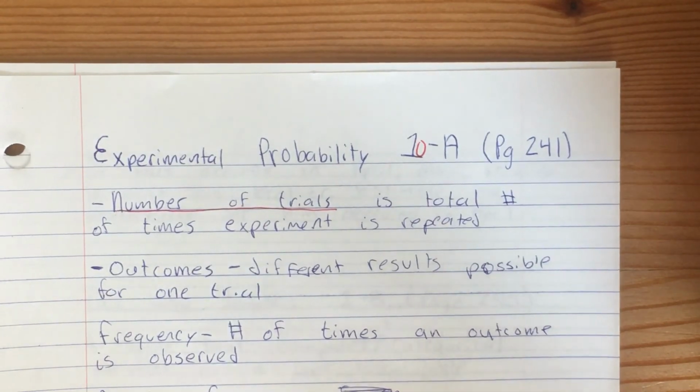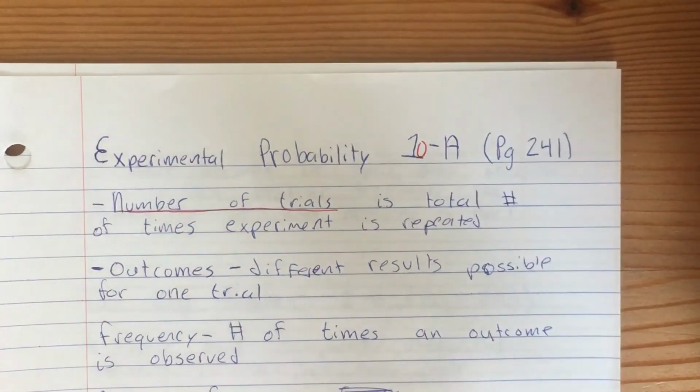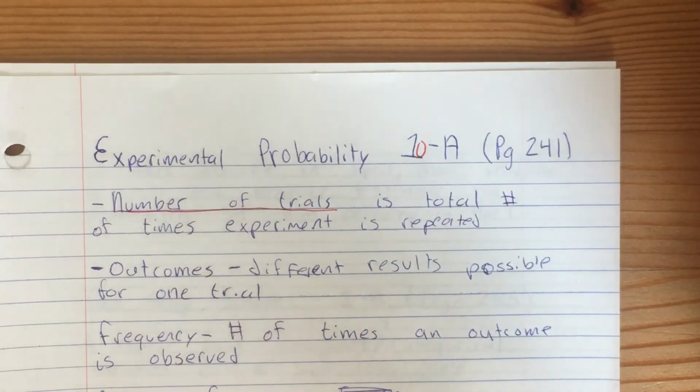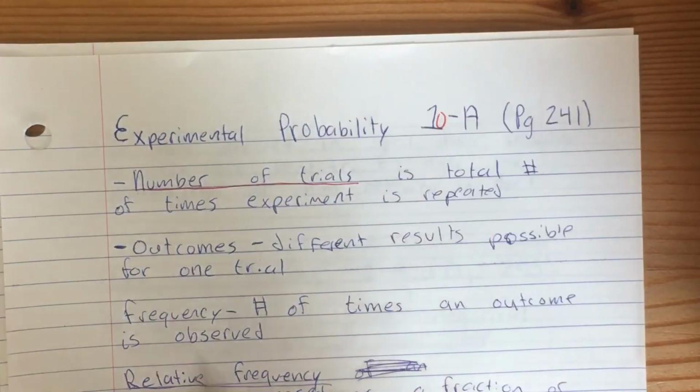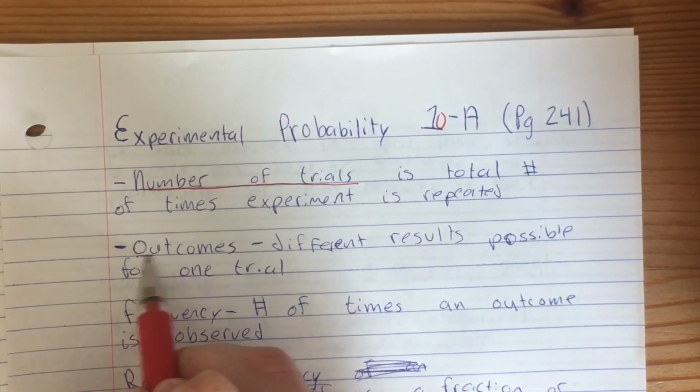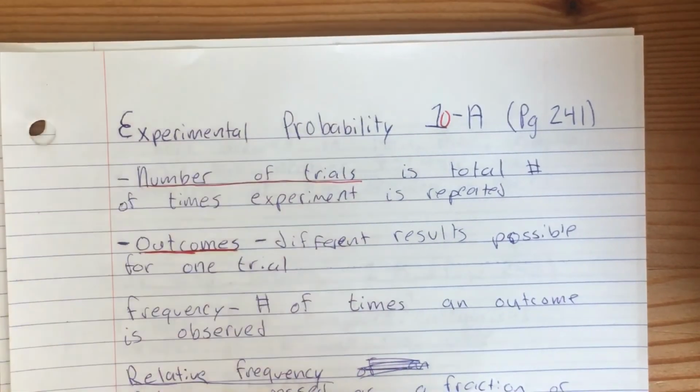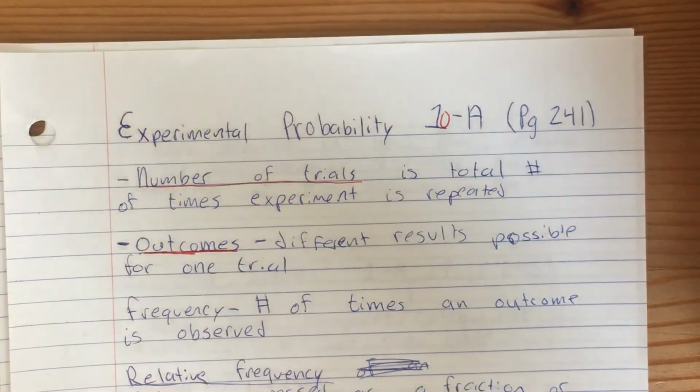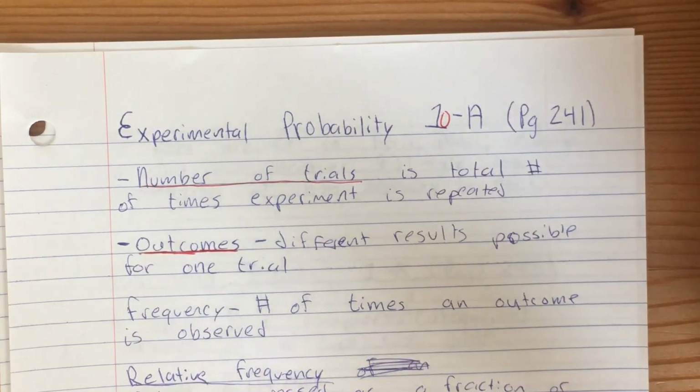So if I flipped a coin 10 times, 10 would be the number of trials. Outcomes are the different results possible for one trial. If I flipped a coin, my two possible outcomes are heads and tails.